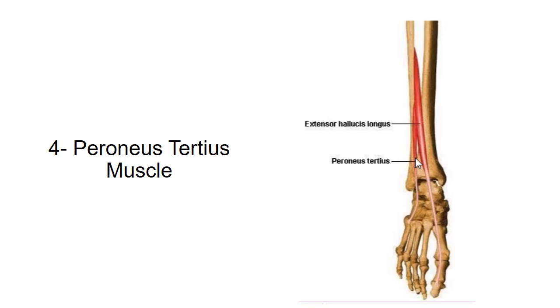However, distally, fibularis tertius tendon is separate, as you can see here, and it becomes inserted into the medial part of dorsal surface of base of fifth metatarsal bone. At this point, fibularis tertius muscle is inserted.